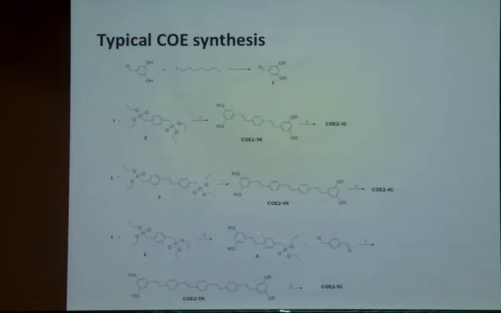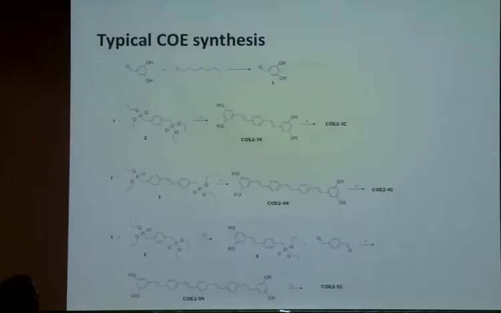To synthesize COE2-5C, we first react 1 with an equal molar amount of 2, which replaces only one terminus of this group, and then react with this chemical to generate the neutral precursor to COE2-5C. This is a typical synthesis, and it's a well-known process. The COE1 series synthesis is pretty similar to this, and I won't talk about the details here.